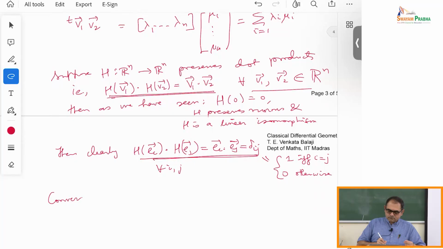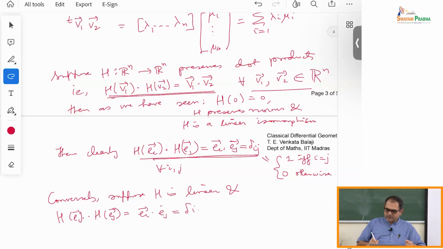So conversely, suppose H is linear and H of Ei dot H of Ej is equal to Ei dot Ej, which is equal to delta ij for all i, j. Of course, when I say for all i, j, it's understood that 1 less than or equal to i, j less than or equal to n.